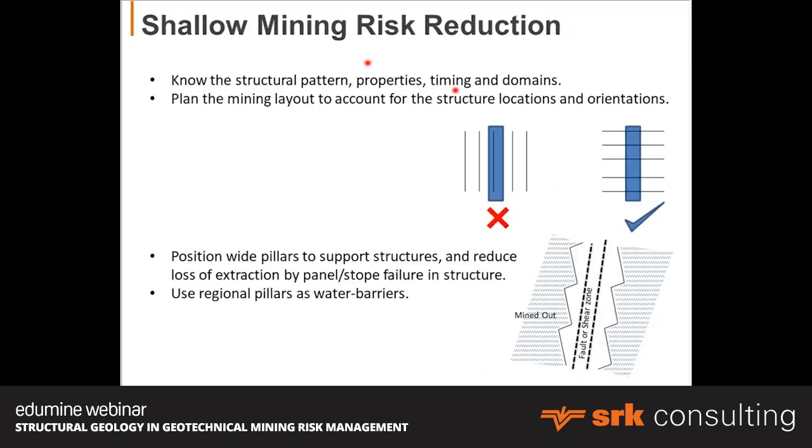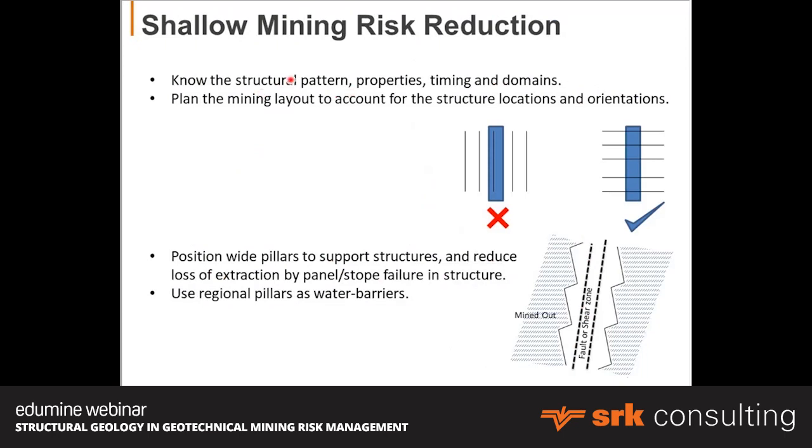So unfortunately, even the smallest little faults could be problematic. We need to understand the patterns and identify those risks beforehand to put in the right risk management processes.